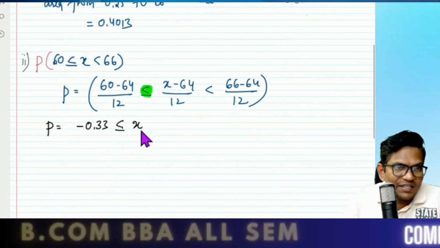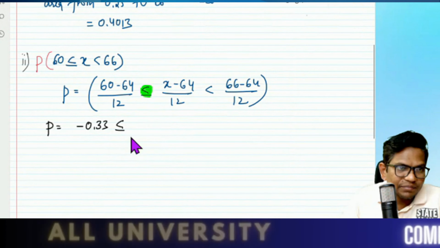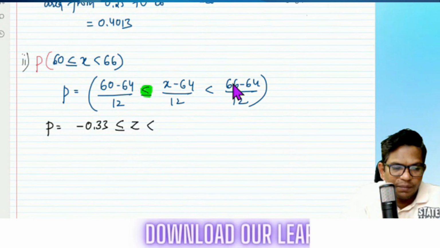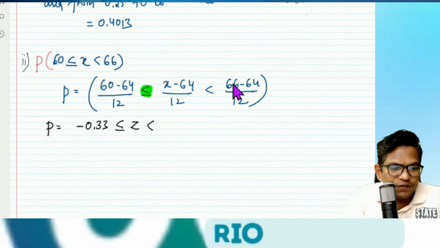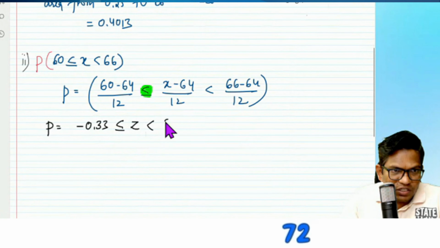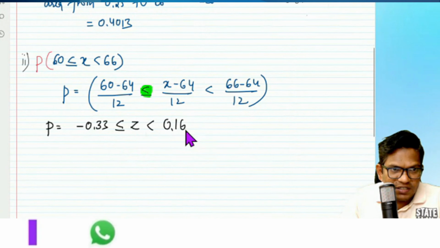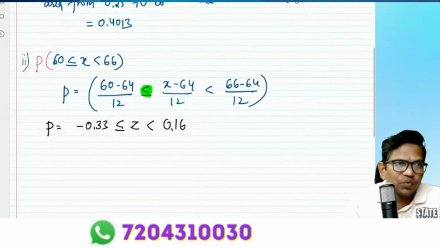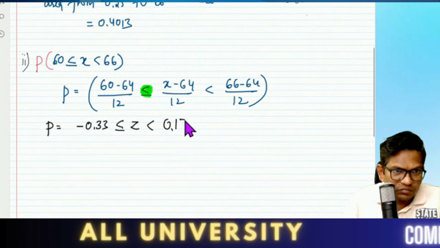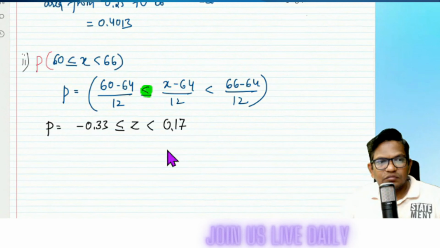It's not x, make it z. Less than or equal to 66 minus 64 divided by 12, that comes plus 0.16, or you can make it 0.17.